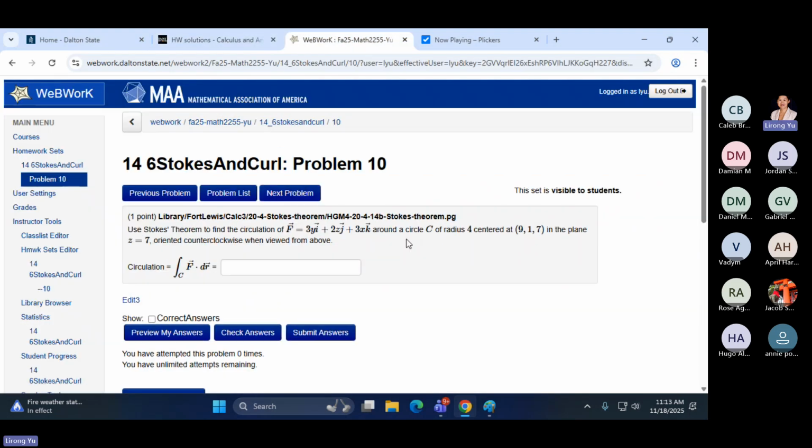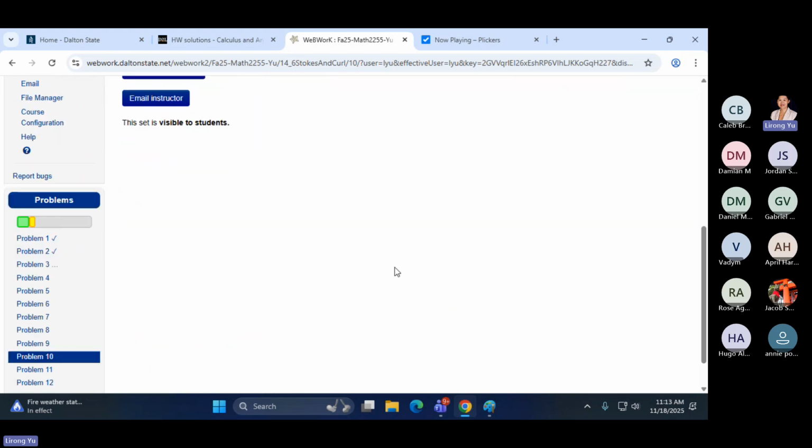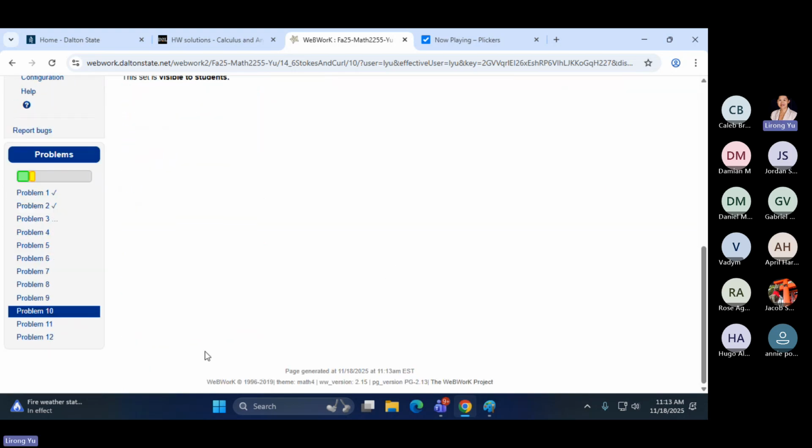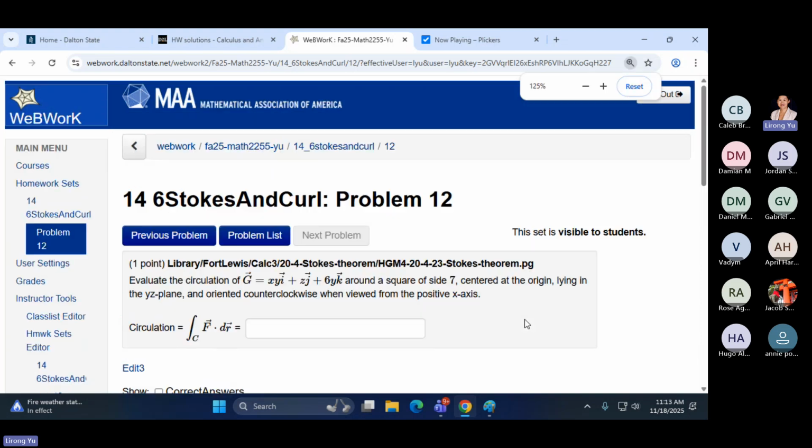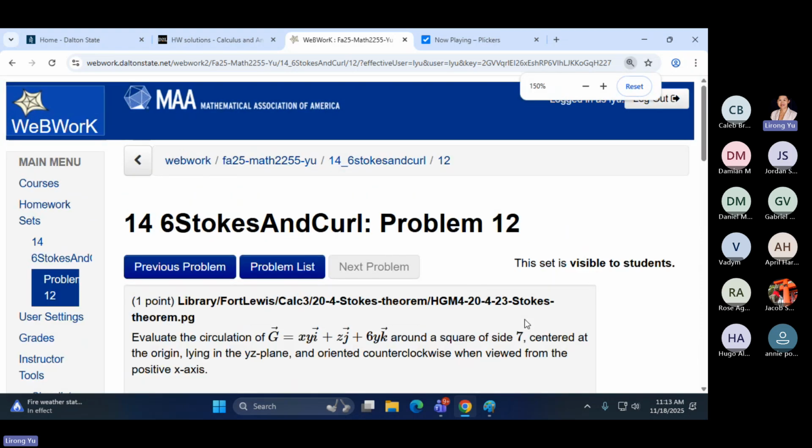Other than that, I'm going to show how to calculate question 10 and question 12. I explained 11 yesterday, so maybe we should talk about 10 and 12. This is the last question on Stokes' theorem. You have already done this assignment.